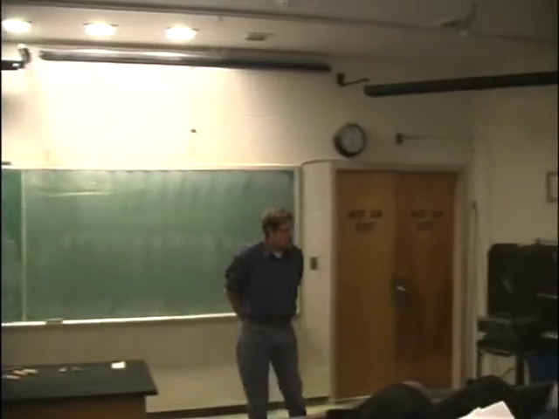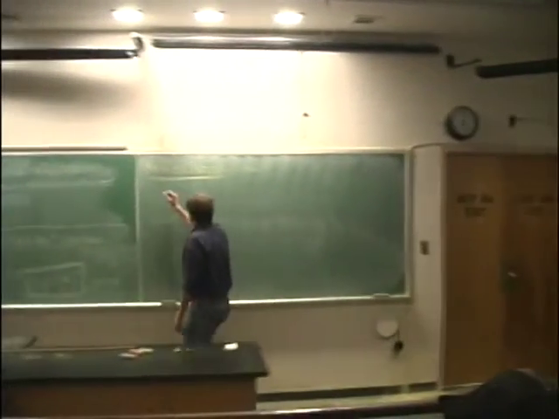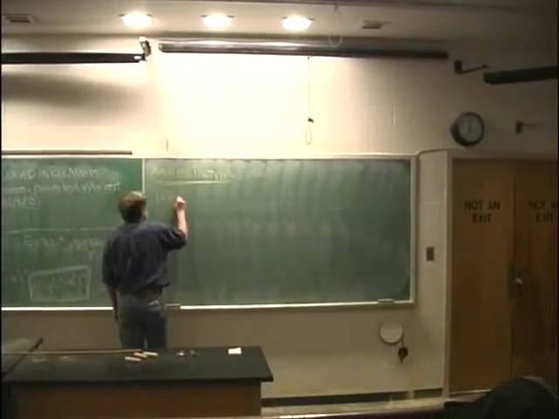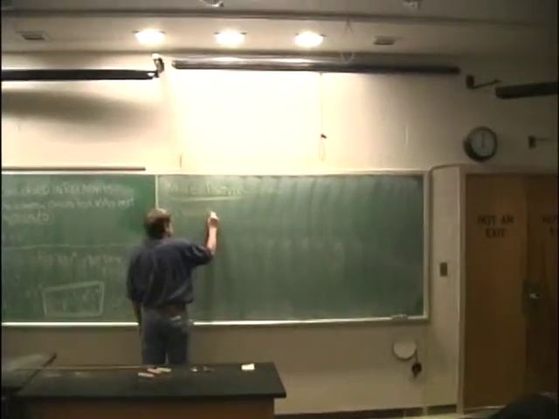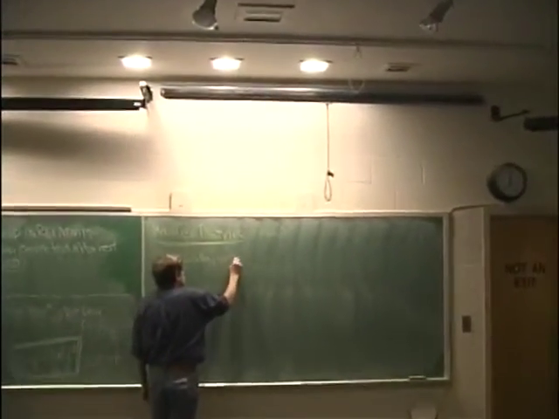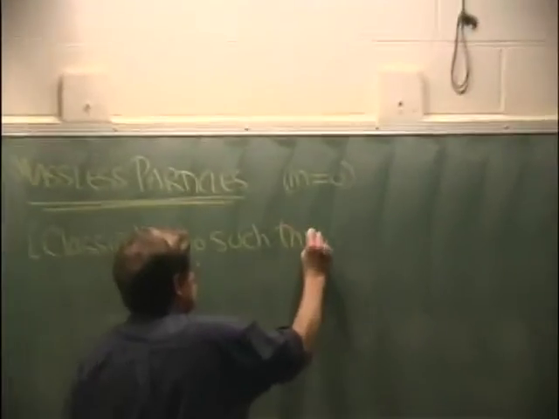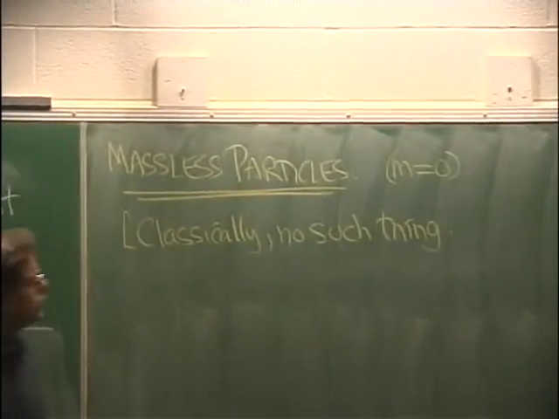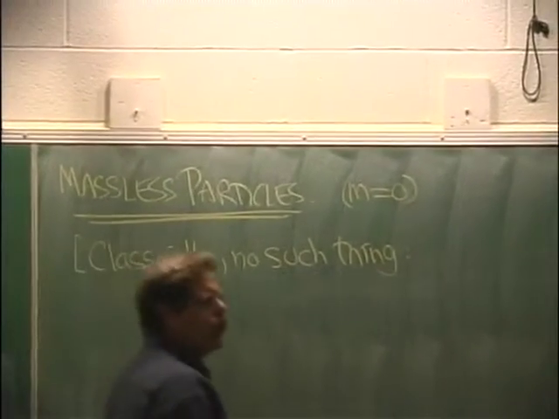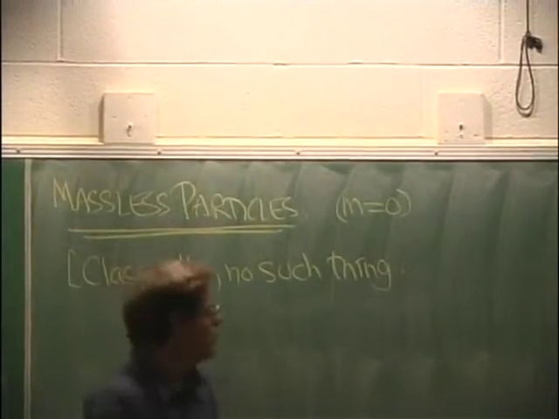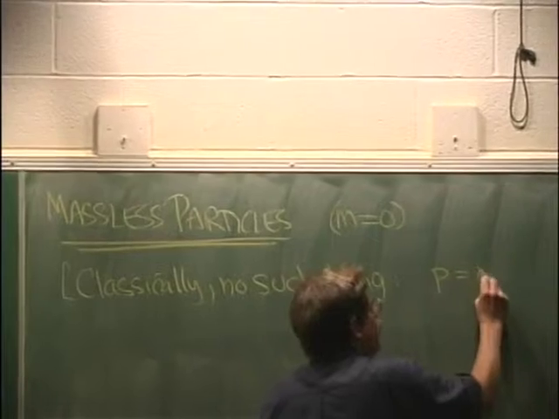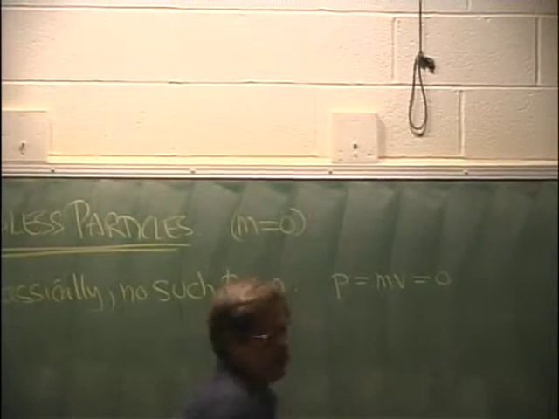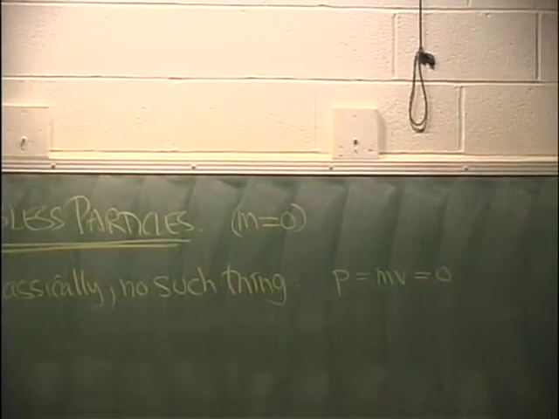Classically, there's no such thing as a massless particle. How come? Suppose that you try to make a massless particle. Well, what is momentum p? p equals mv, classically, that would be 0, so it can't carry any momentum.